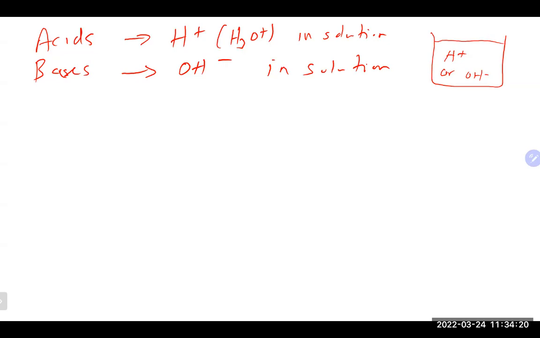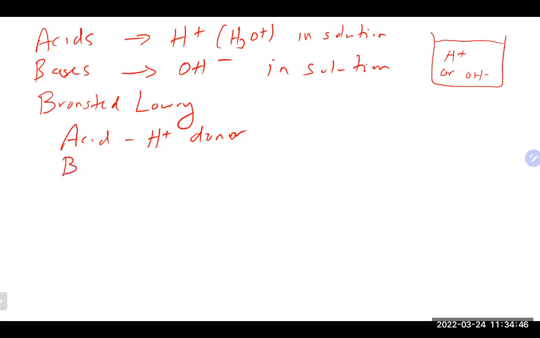A more general definition of acids and bases, and a lot of times the definition that most people think about when they're doing acid and base chemistry, is the Bronsted-Lowry definition that we talked about. In the Bronsted-Lowry definition, an acid is a proton donor, so basically it will give it away, and a base is a proton acceptor.